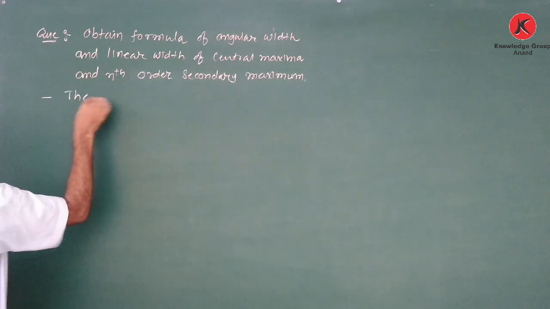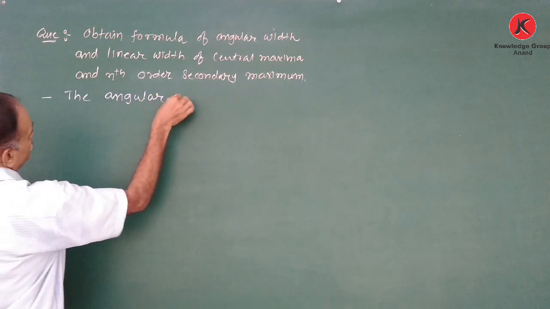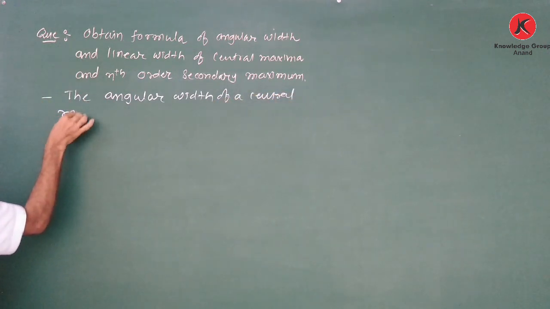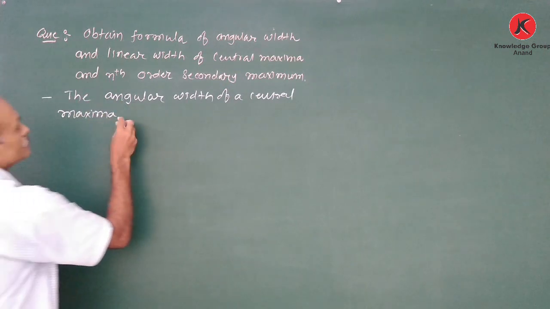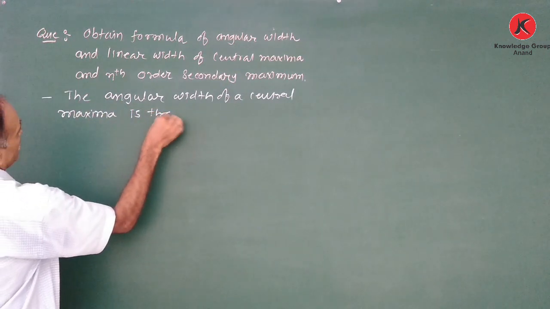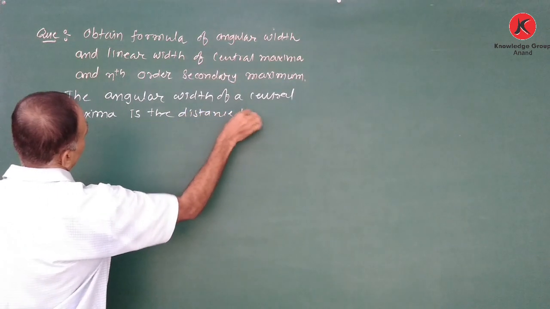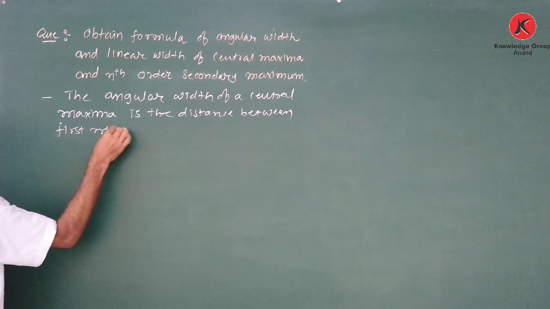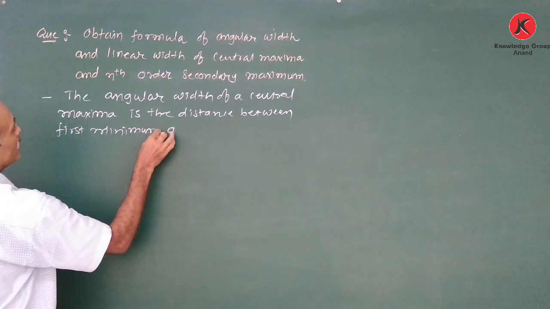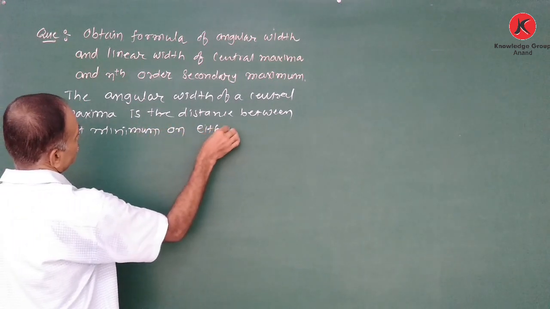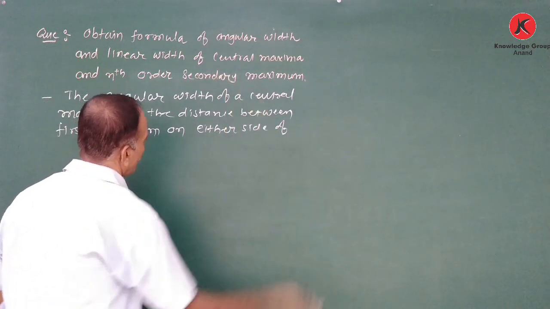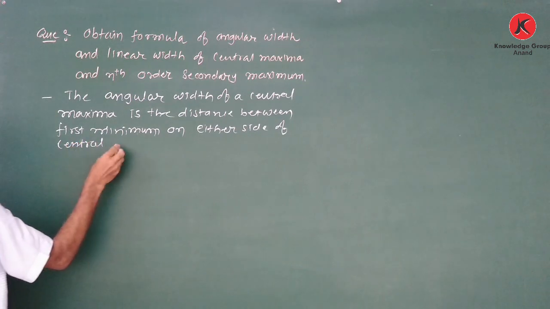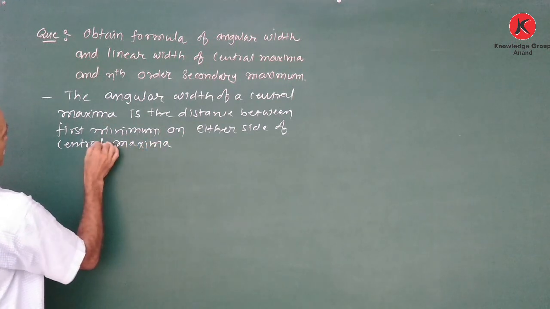Now the angular width of a central maxima is the angle between the first minimum on either side of the central maxima.